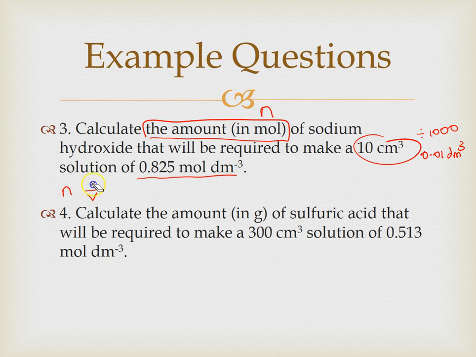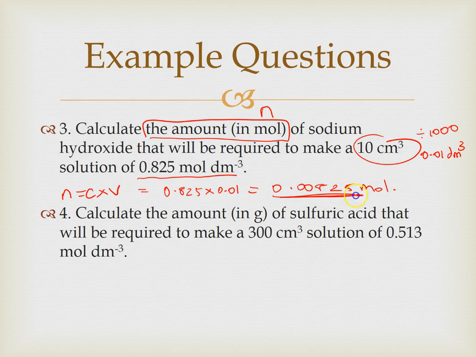Told you I get this one wrong. n is equal to C times V, not C on V. So if n is equal to C times V, I'm going to get 0.825 multiplied by 0.01, and that is going to give me 0.00825, and that will be my number of mole.